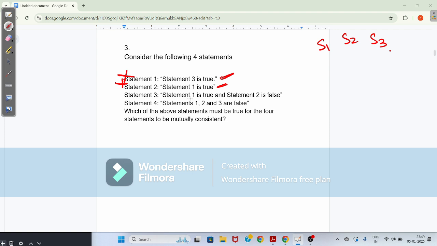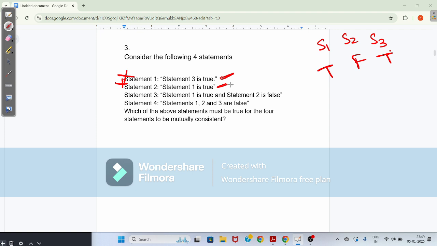Now statement 3 is saying statement 1 is true and statement 2 is false. When statement 1 is true, statement 1 is saying statement 3 is true, and statement 3 is saying statement 1 is true and statement 2 is false. But in statement 2, what has it been saying?